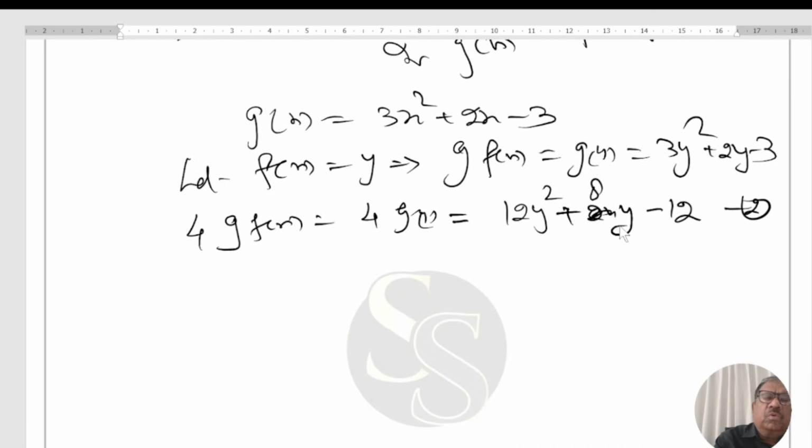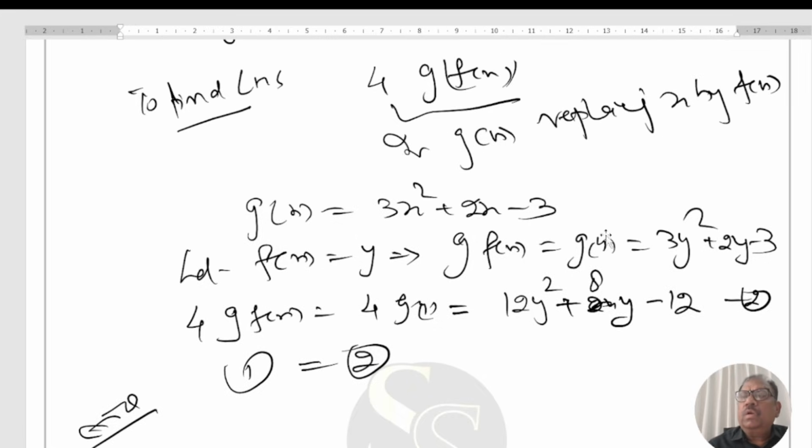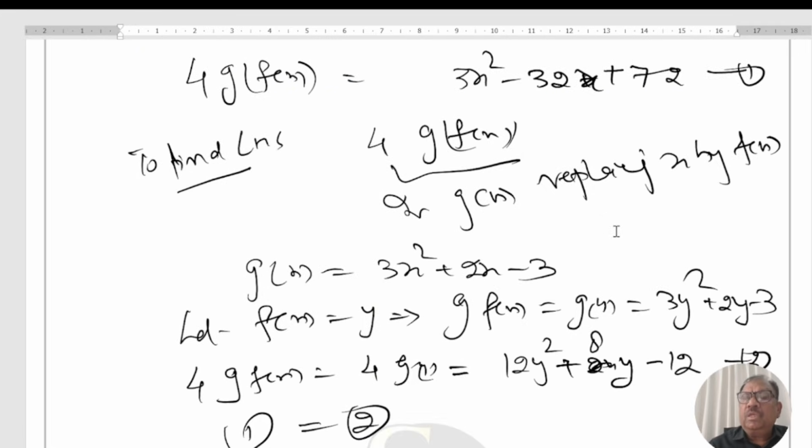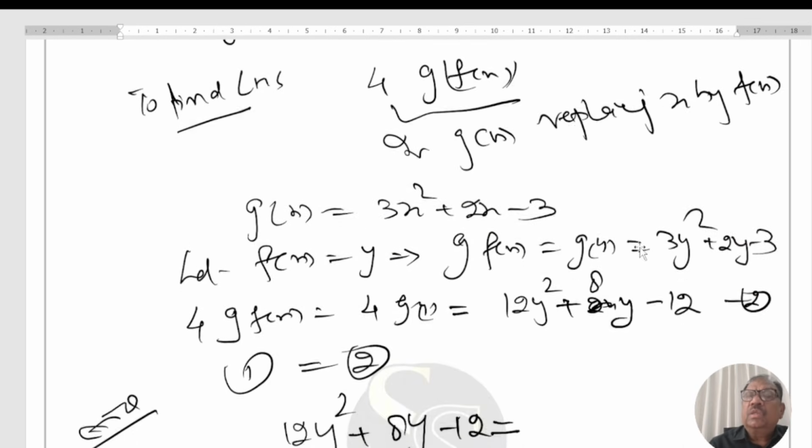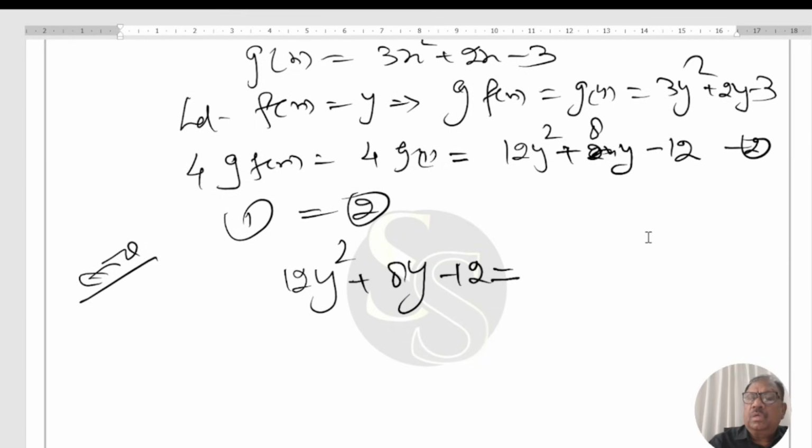Now according to the question, 1 is equal to 2. That is 12y square plus 8y minus 12 is equal to 3x square minus 32x plus 72.